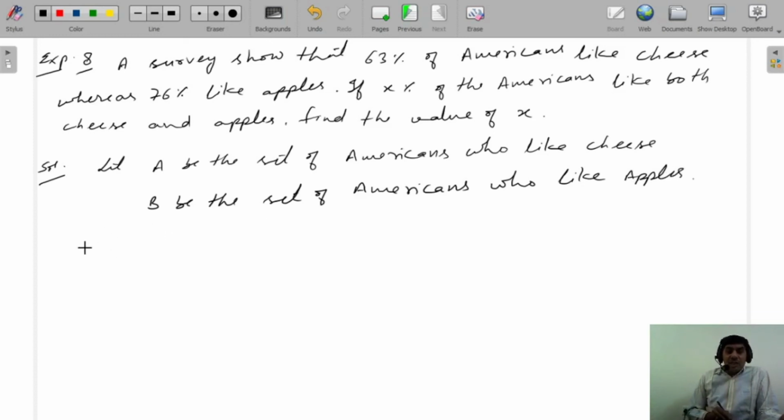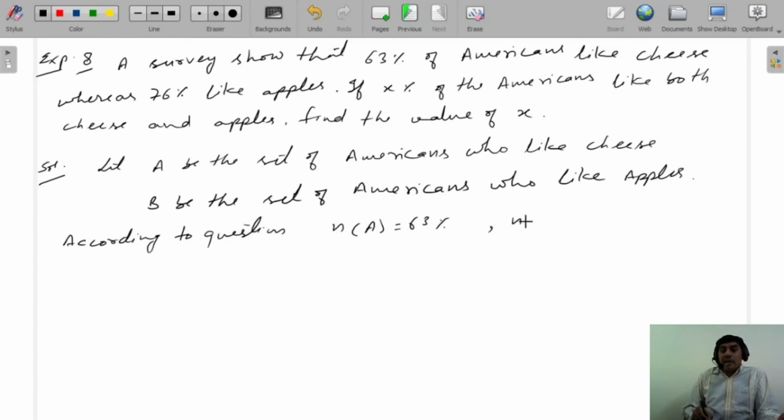According to the question, n of A is equal to 63%, n of B is equal to 76%, and n of A intersection B is equal to X%.